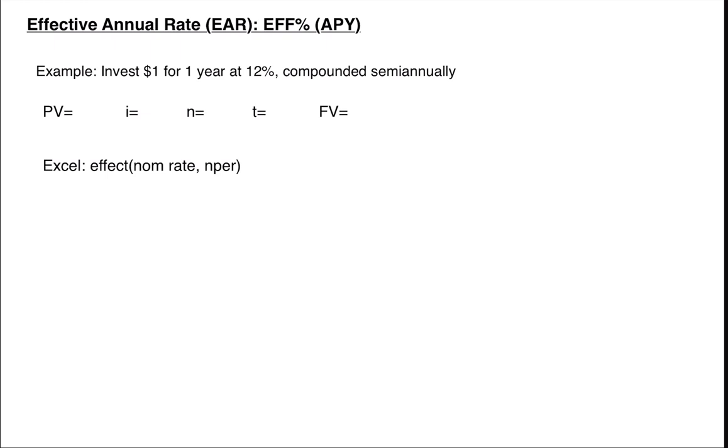So an example of that: if we were to invest $1 for 1 year at 12%, compounded semi-annually. So we're going to calculate how much we're actually getting as a rate. Because remember, this rate of 12% is being compounded twice in a year.